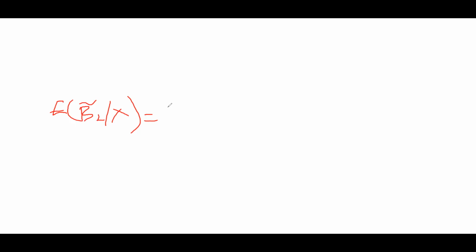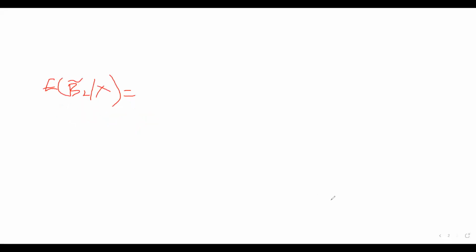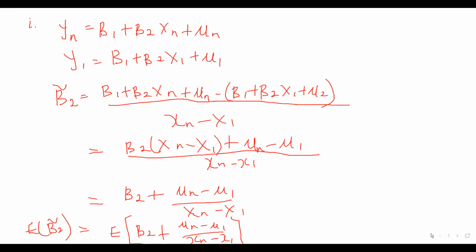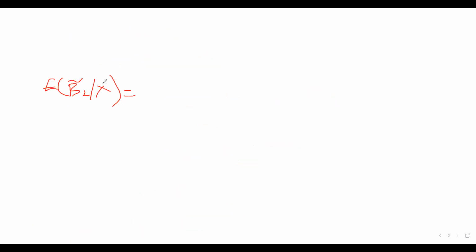Now, if you take the expected value of beta 2 from the first page, it gives me beta 2 back.